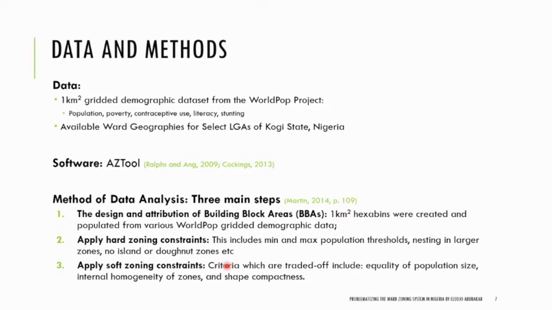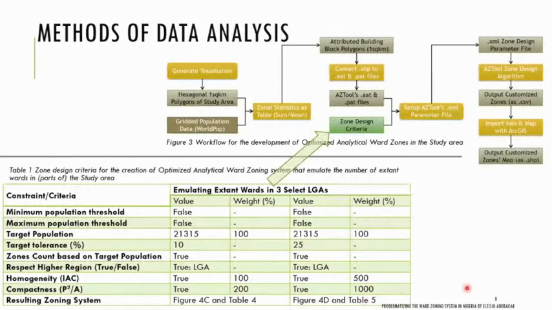Then you have soft constraints, which define what attributes should be traded off, and that's related to equity: how balanced should the population be, how homogeneous, and how compact. It happens that when you try to achieve one aspect of the soft constraints, it happens at the expense of the others. We shall soon see.